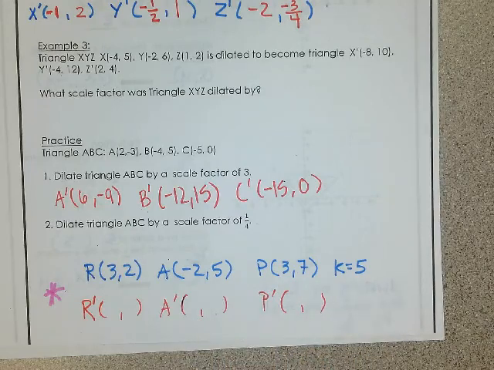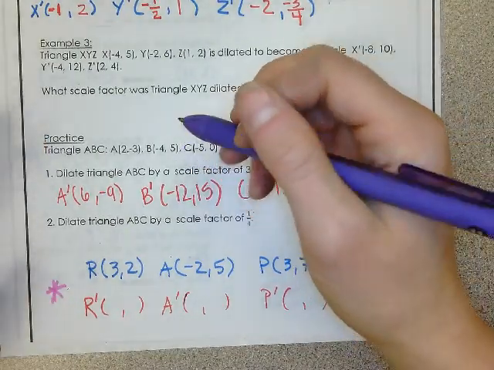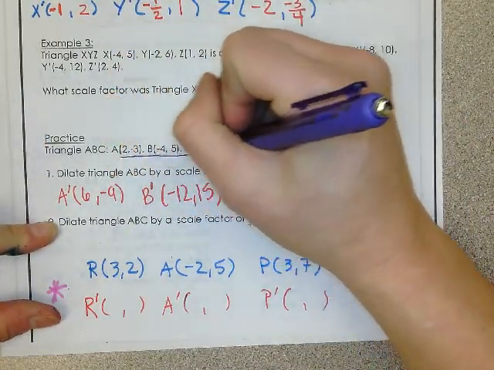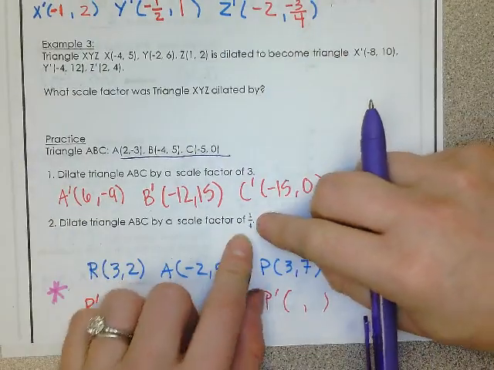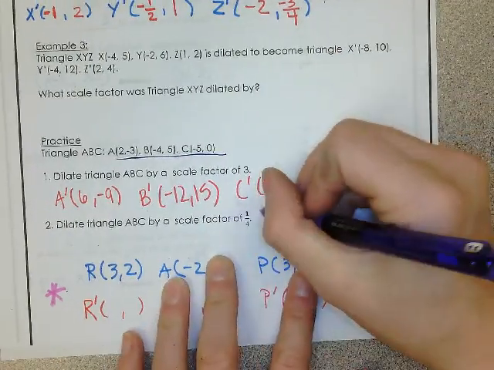All right, cool. The next one, scale factor of 4. So this one was a little tricky. I'm doing the same triangle up here. Remember, multiplying by 4 is the same as dividing by 4, right?